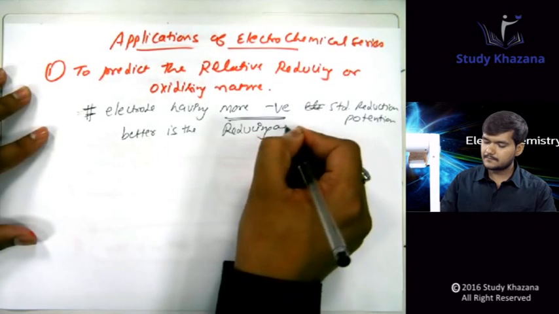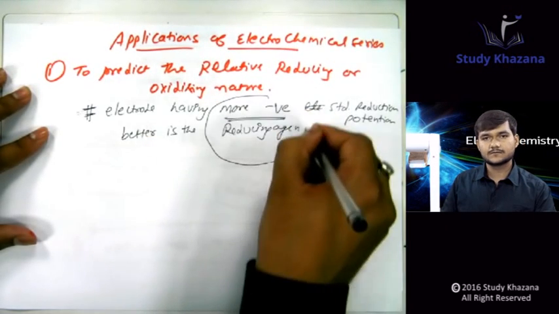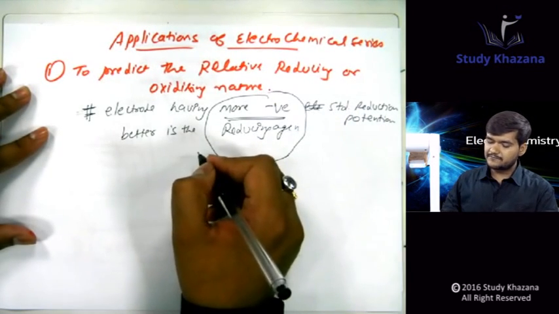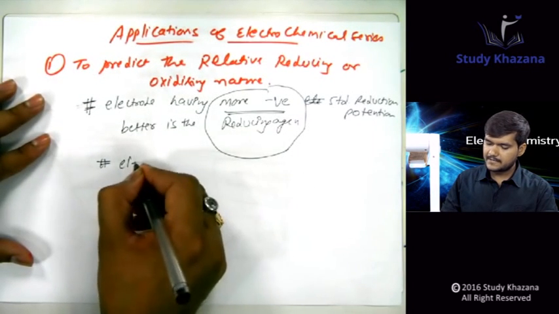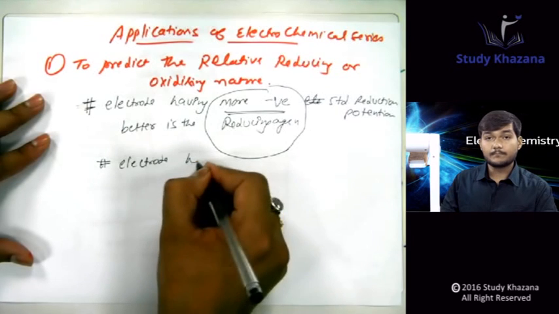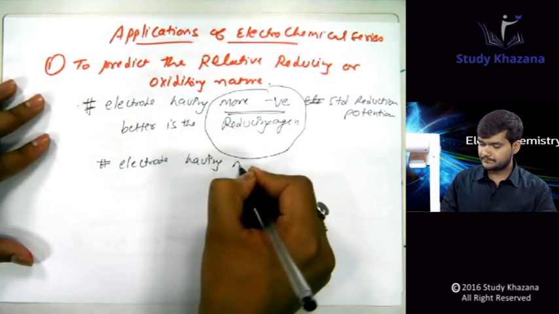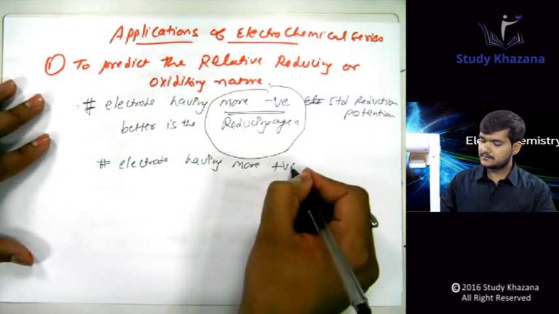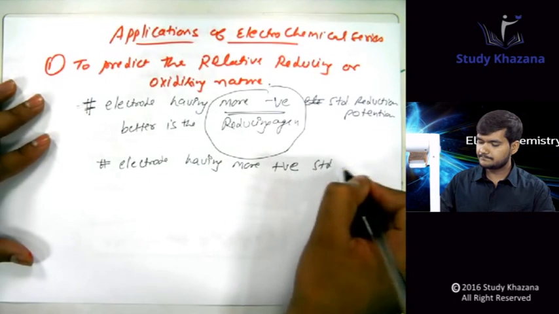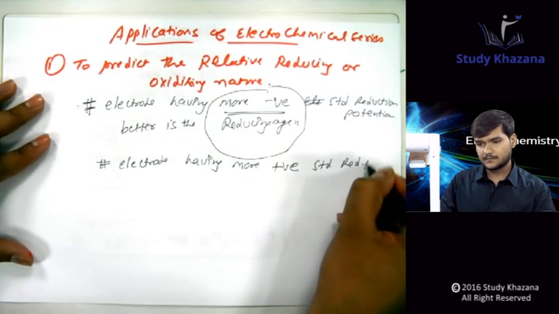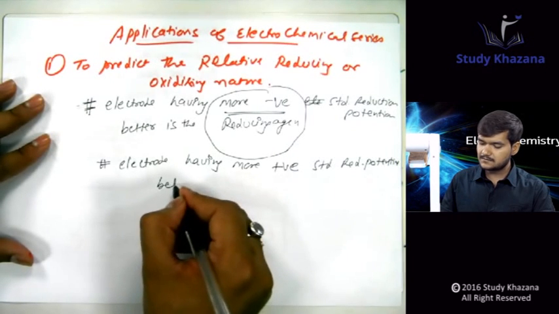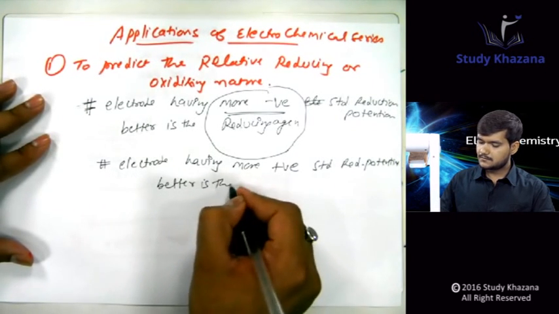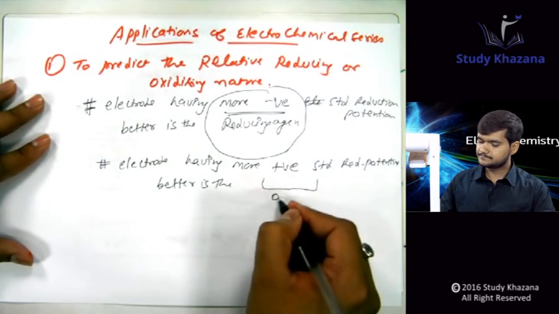Better is the reducing agent. And similarly we can say the electrode having more positive standard reduction potential will be the better oxidizing agent.